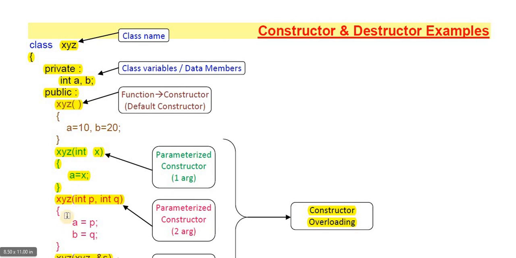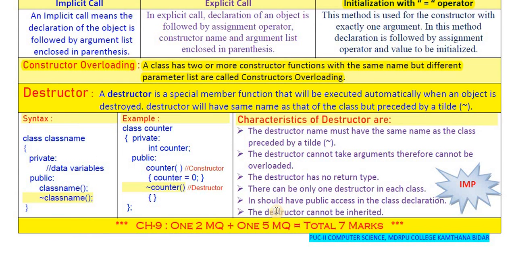All three functions have the name xyz and the class name is also xyz. So they are overloaded constructors. In function overloading, only the function names are the same, the class name is different. But in constructor overloading, the function name is the same and the class name is also the same. This is about constructor overloading.